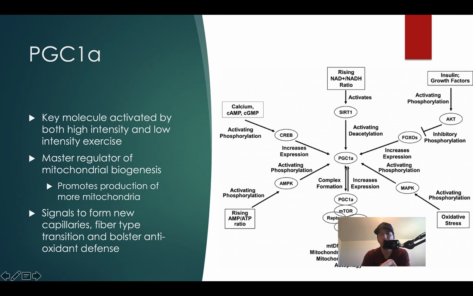Calcium is going to play a key role in PGC1 alpha. AMP ATP ratios, energy status, insulin, oxidative stress, or those free radicals, and then mitochondrial DNA synthesis, mtDNA, is going to be what occurs. This is going to be the downstream.